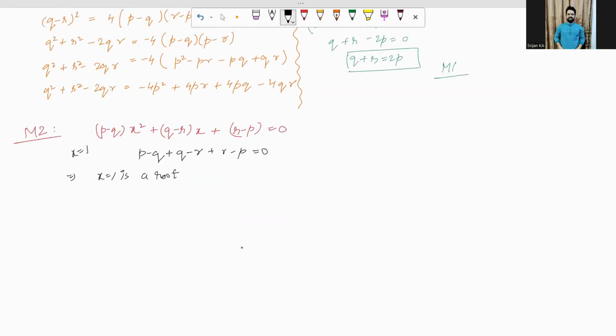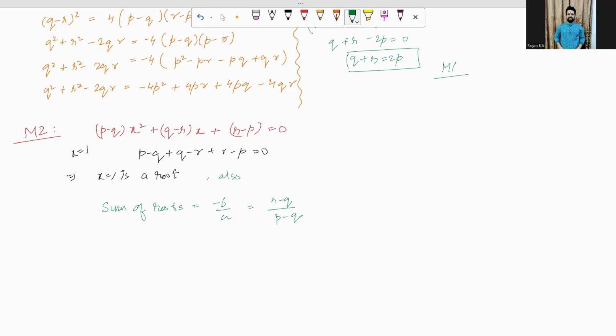Now, if that is a root, you literally have hit a jackpot. What you have gotten is the sum of roots and product of roots. So sum of roots is what? Minus b over a. Now minus b over a becomes (r - q)/(p - q), right? And x = 1 is a root.